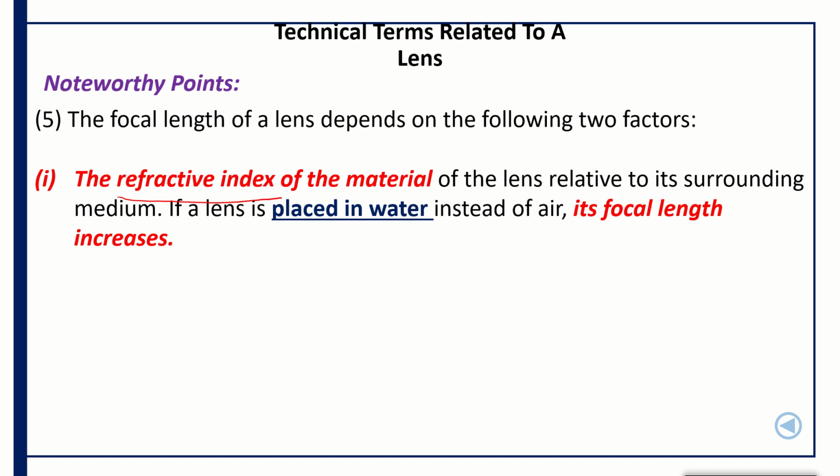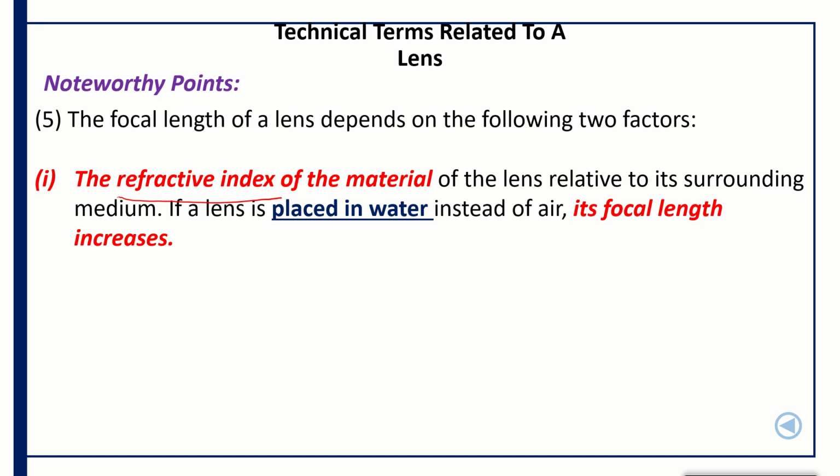So, the focal length of a lens depends on the refractive index of the material of the lens relative to its surrounding medium. If my lens is in air, and it is made up of glass, then we take the refractive index of glass with respect to air.